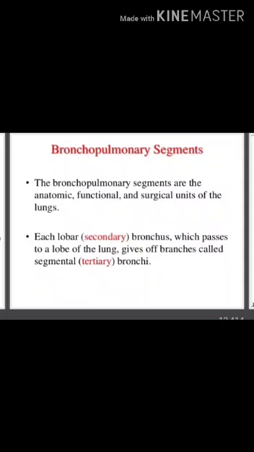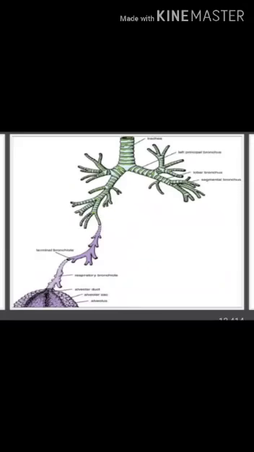Bronchopulmonary segments. The bronchopulmonary segments are the anatomic, functional and surgical units of the lungs. Each lobar secondary bronchus, which passes to a lobe of the lung, gives off branches called segmental, or tertiary, bronchi.